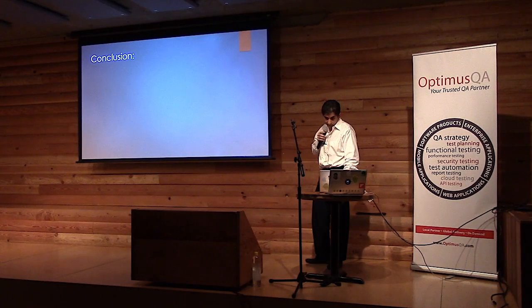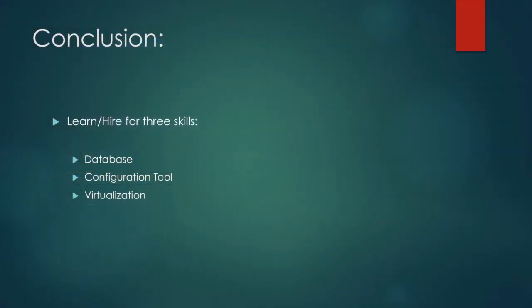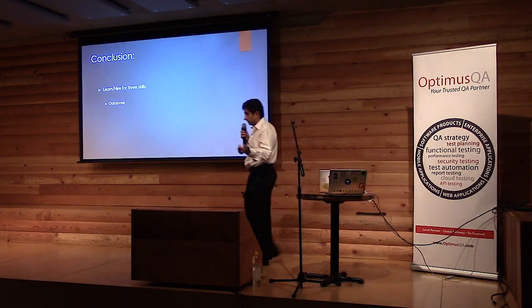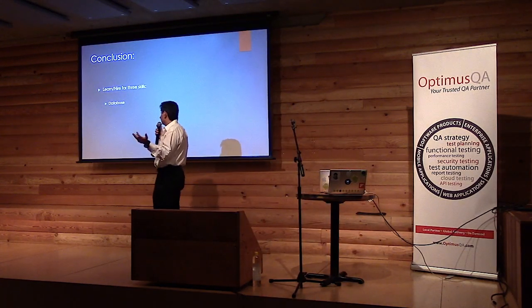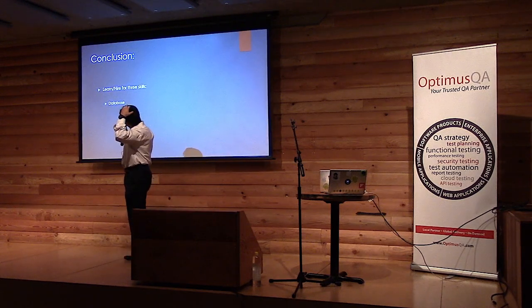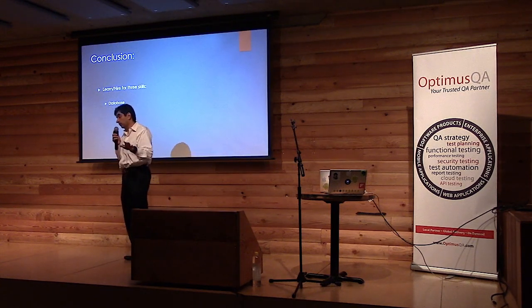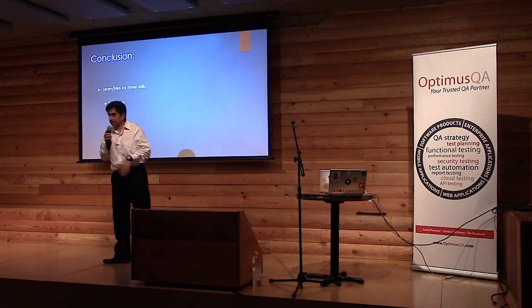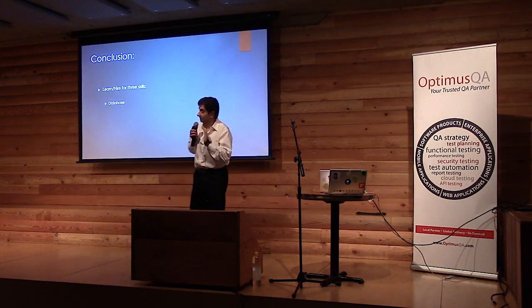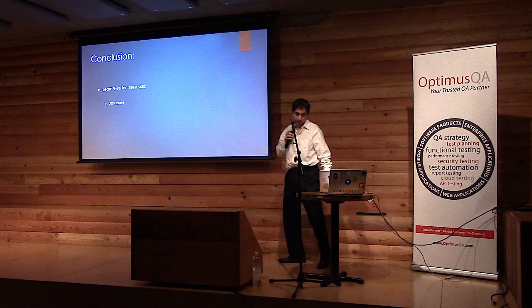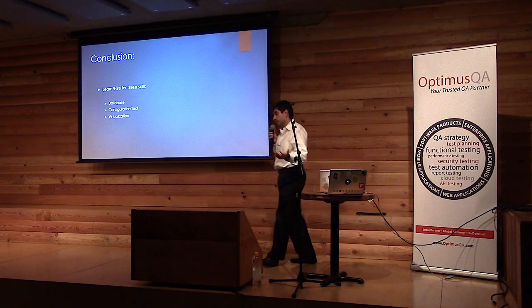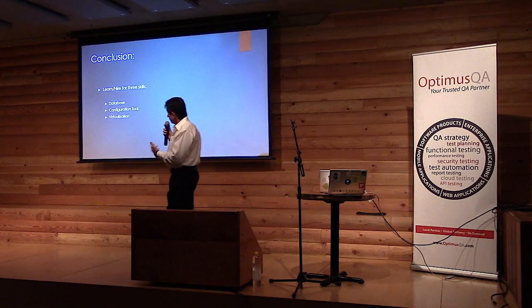Conclusion? Three things for people who are hiring, or if you want to learn something, or if you're looking for a job or looking to increase your salary by having the skills. And if you want to be a really good automation engineer, learn database. That's one of the most important skills you can have. Configuration tools and virtualization. As I said, you know these three.